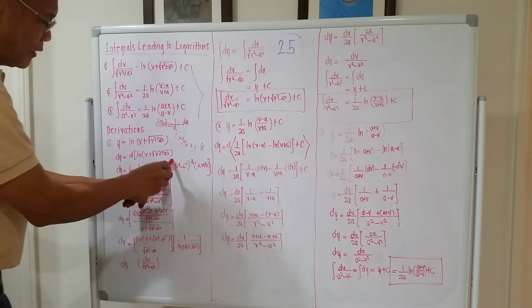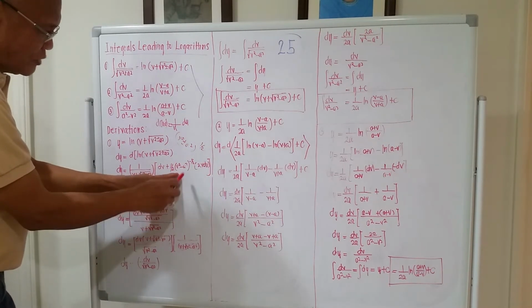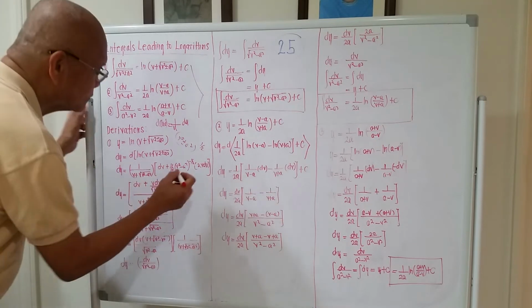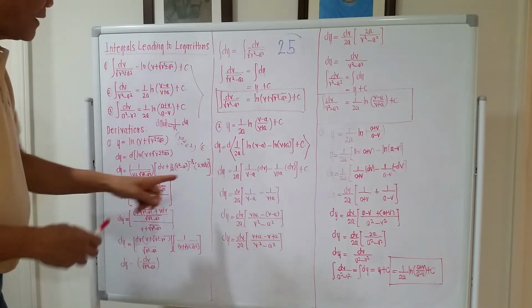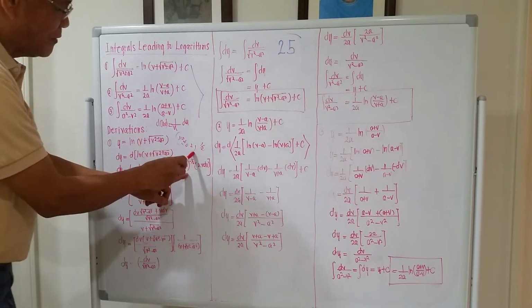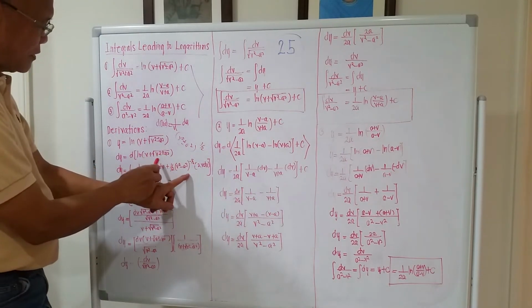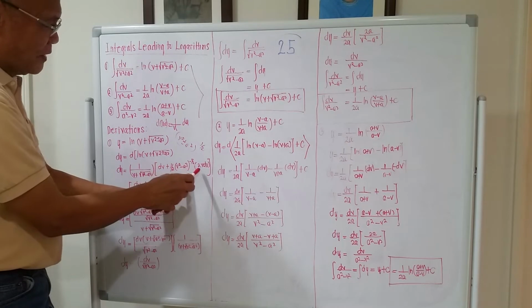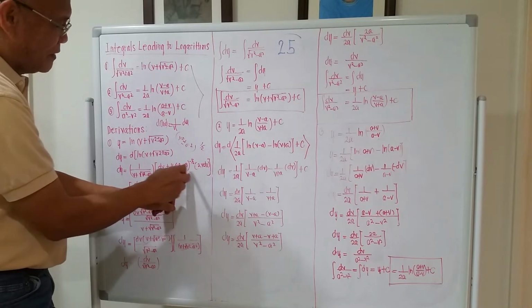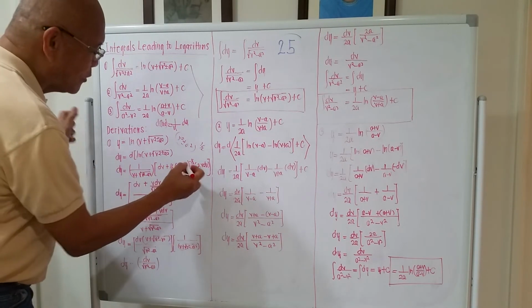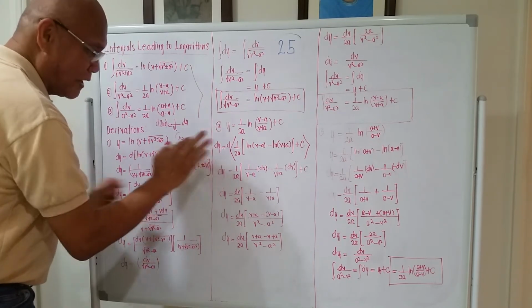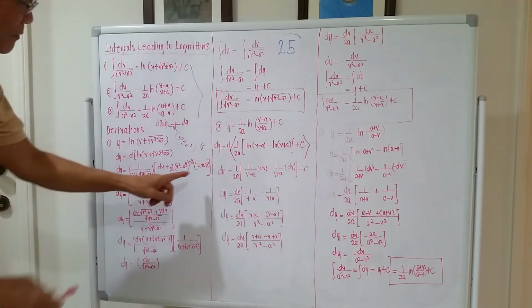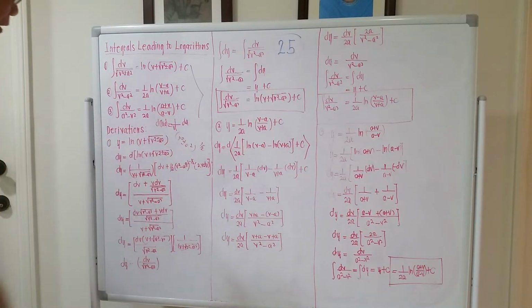It will be 1 half times b square minus a square raised to 1 half minus 1, which is minus 1 half, times the differential of the term inside, which is 2b db. The differential of a square is actually 0, so I didn't write the plus 0. I will just simply put 2b db over here.